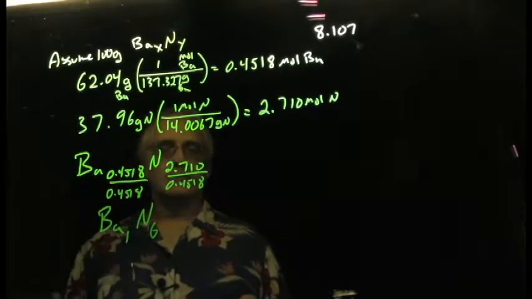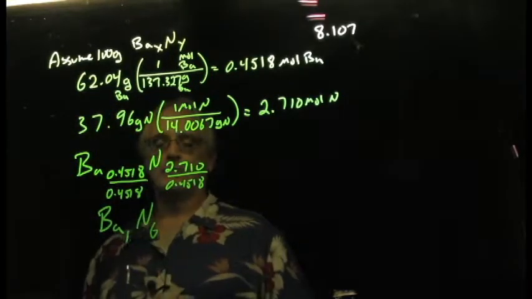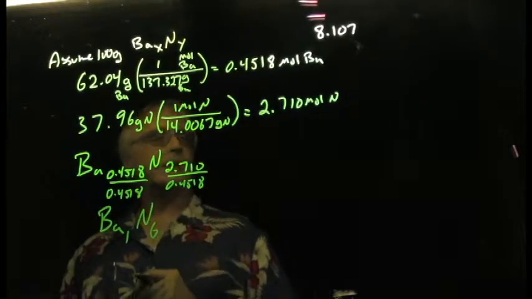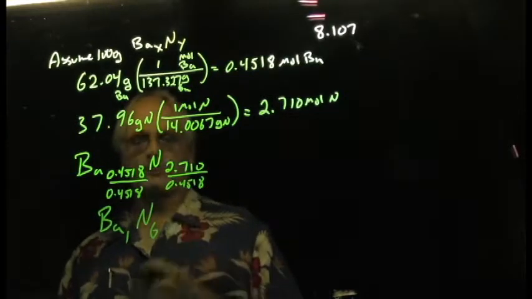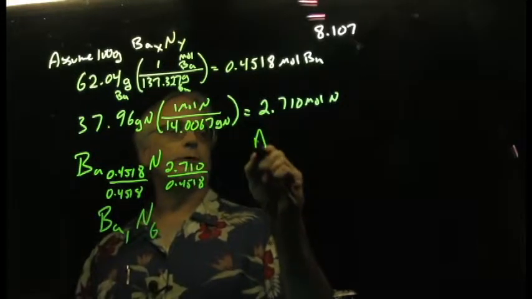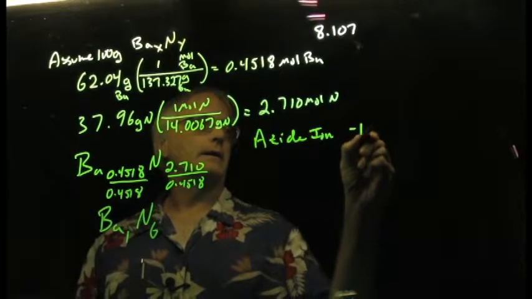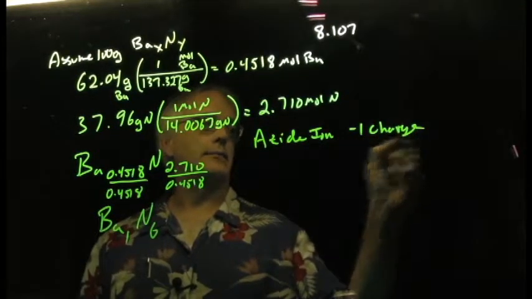We aren't given any information about molecular weights or something, so we're going to run with this formula at the moment. Now, it does give us a bit of other information. It tells us that the azide ion has a -1 charge in the problem.